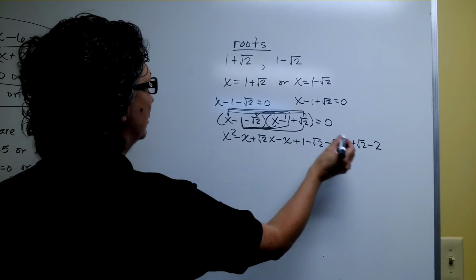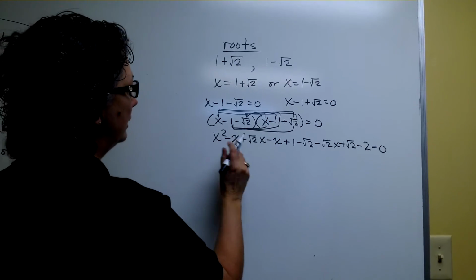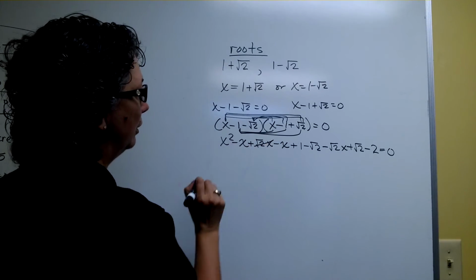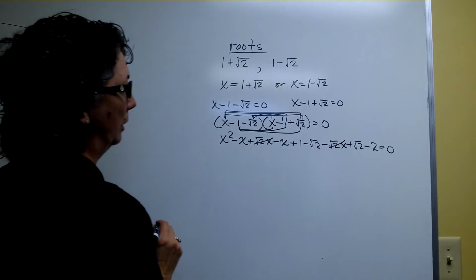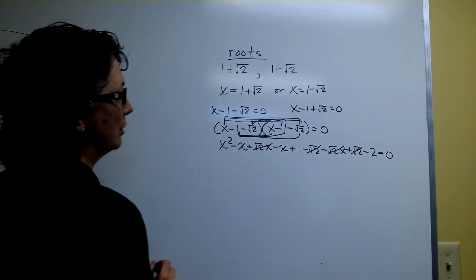Square root of 2 times the square root of 2 is 2. And you'll notice when we do this, the plus square root of 2x minus square root of 2x minus the square root of 2 plus the square root of 2.